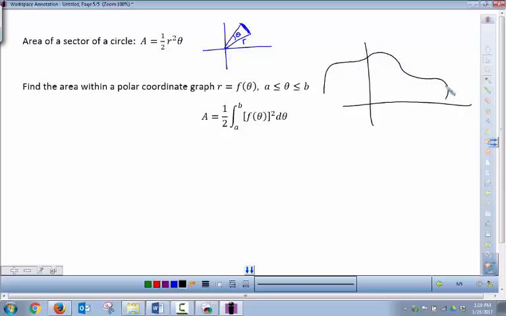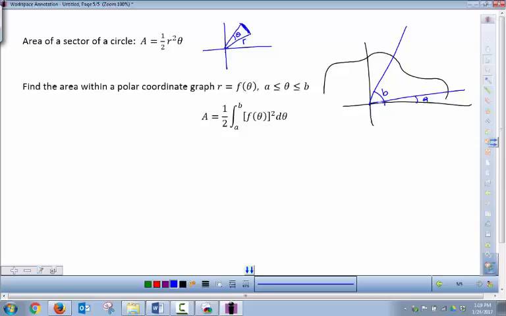But if you're looking at a polar coordinate graph, and say you're interested in finding the area between angle A, I should have used alpha, let's say you're interested in finding the area within this sector between angle A and angle B.